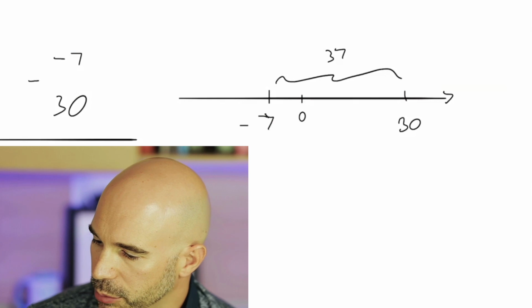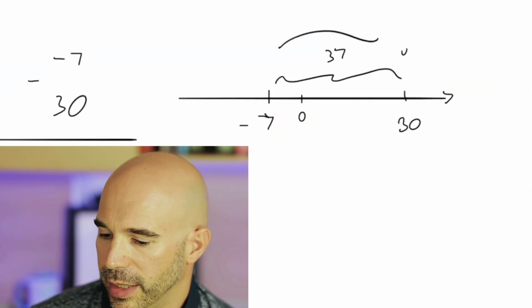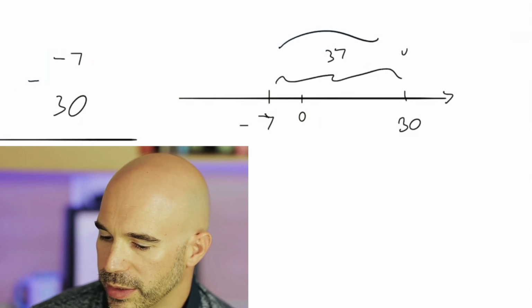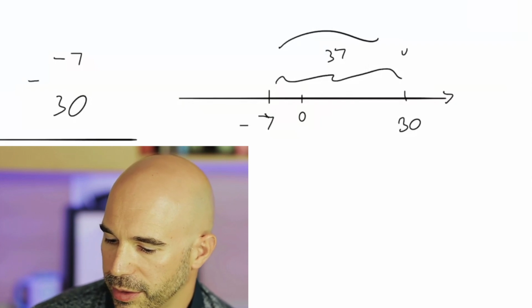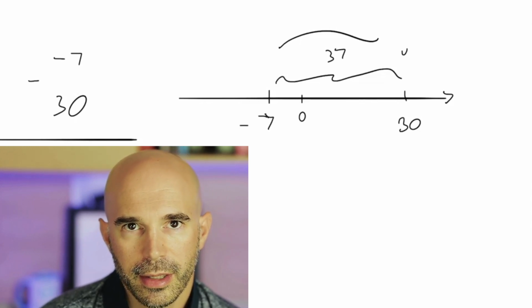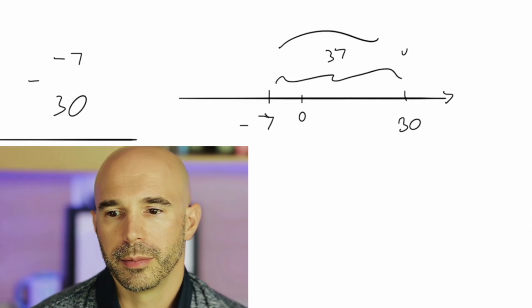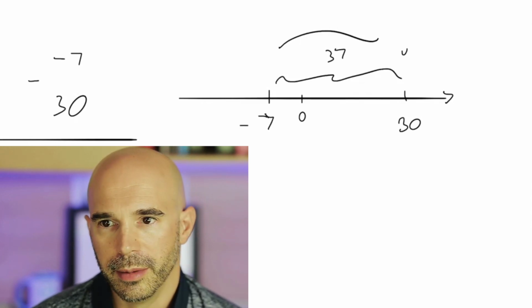But because you're subtracting the bigger number from the smaller number, the answer is going to be negative. And where is 0? Who cares? The answer there is negative 37, because the distance between the numbers is 37. And why is the answer negative? Because you subtracted the bigger number from the smaller number, so of course you're going to end up with a negative number.